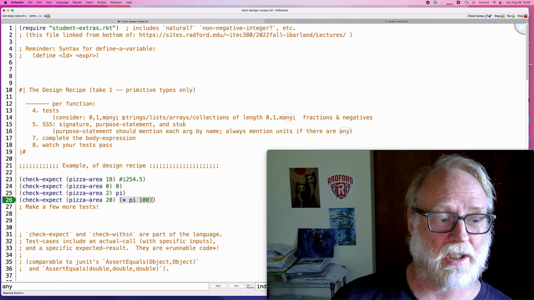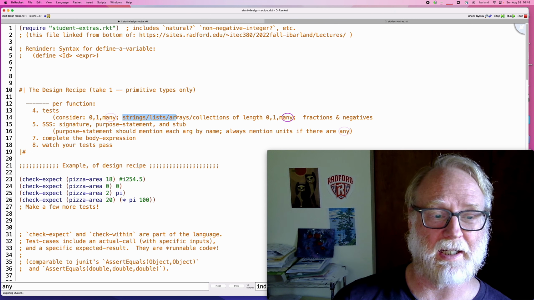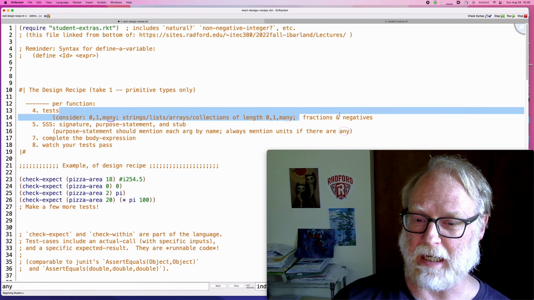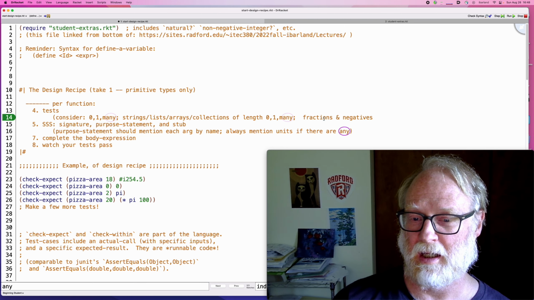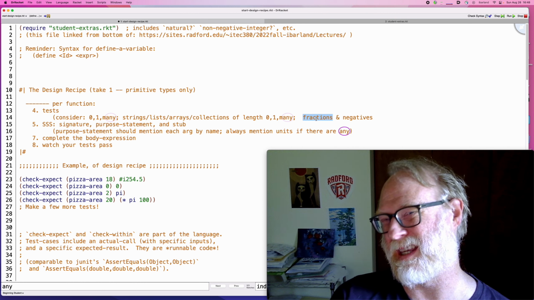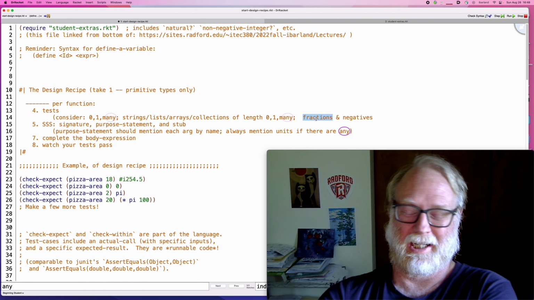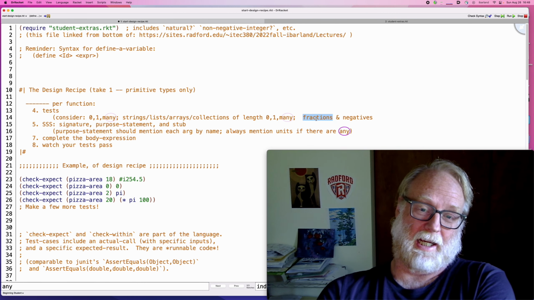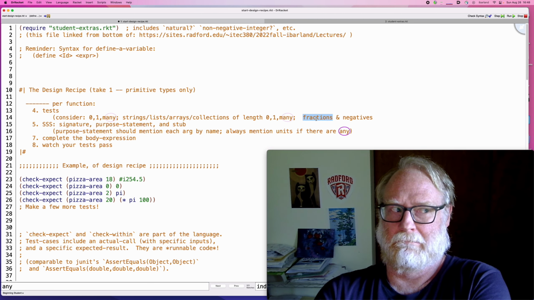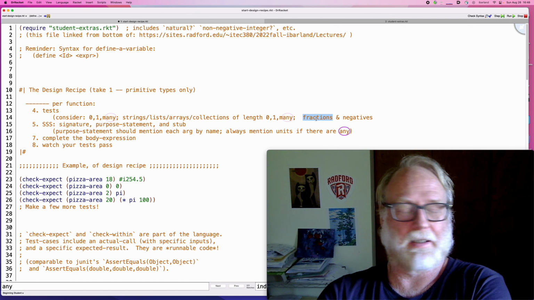This function pizza-area doesn't handle strings or lists or arrays, so I'm not going to worry about that. Fractions and negatives. Can I take in a fraction? So I'm thinking like 2.5 when I say fraction, a non-integer. Yeah, I can order a 2.5 inch pizza, I guess.